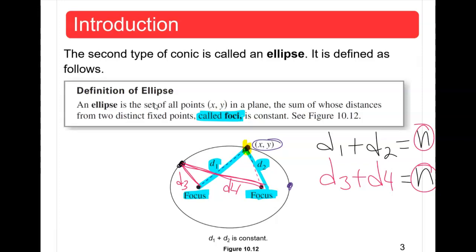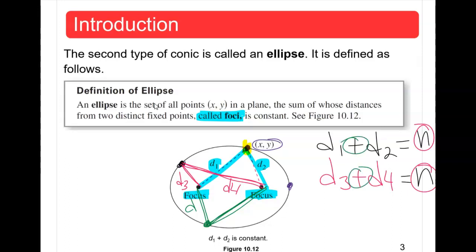Just to try it one more time, let's select another point. If we connect that point to the focus, and then to the other focus, let's call those distances D5 and D6, because they're not the same individually, they're only the same when you add them.